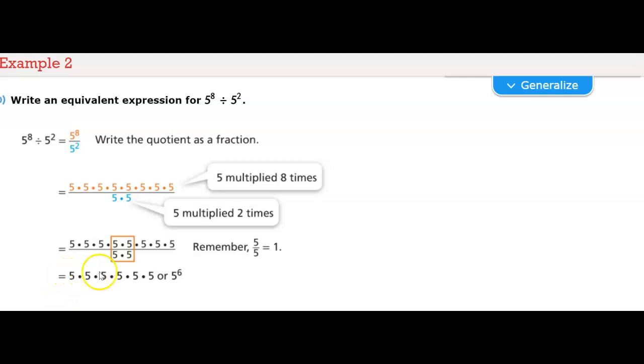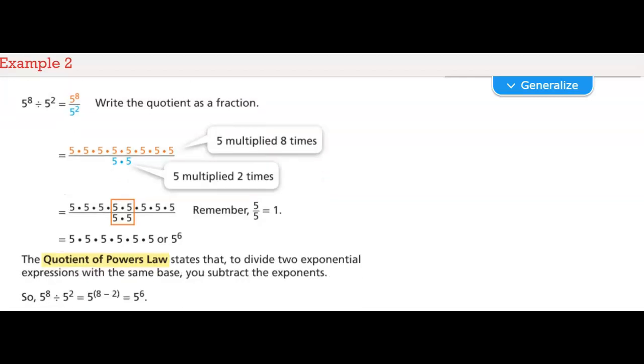And then you're left with 5 to the 6th power. The quotient of powers law states that to divide two exponential expressions with the same base, you subtract the exponents. So 8 minus 2 equals 6.